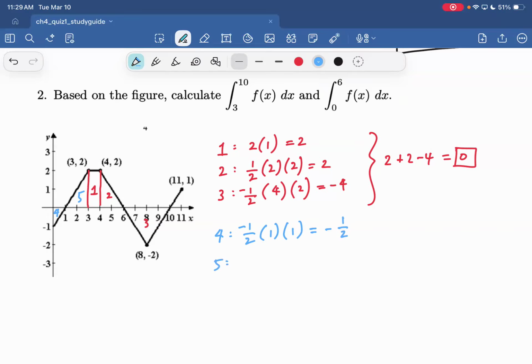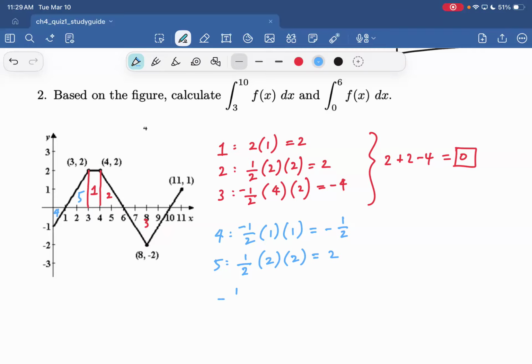Now for area 5, this is also a triangle. So it's 1/2 times 2 times 2, which is 2. Okay. And so the area from 0 to 6 is going to be the combination of 4, 5, 1, and 2.